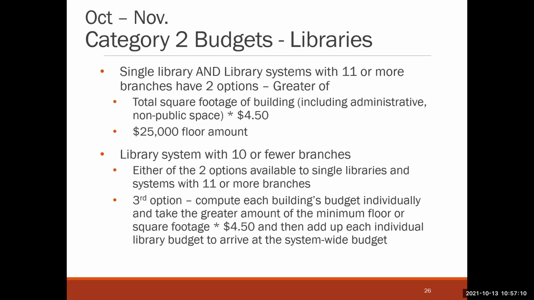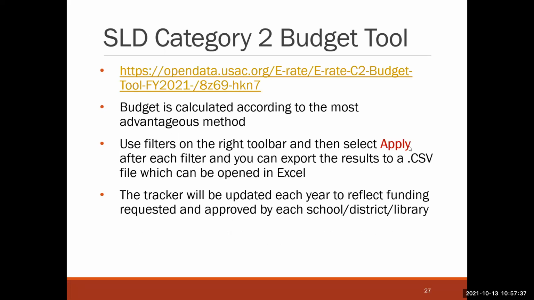You can either do the square footage calculation or take the floor amount of $25,000 and multiply by the number of your library buildings, or you can do whatever's most advantageous. The mix and match option is where you take the minimum amount for some buildings and the square footage calculation for other buildings to arrive at your maximum category 2 budget.